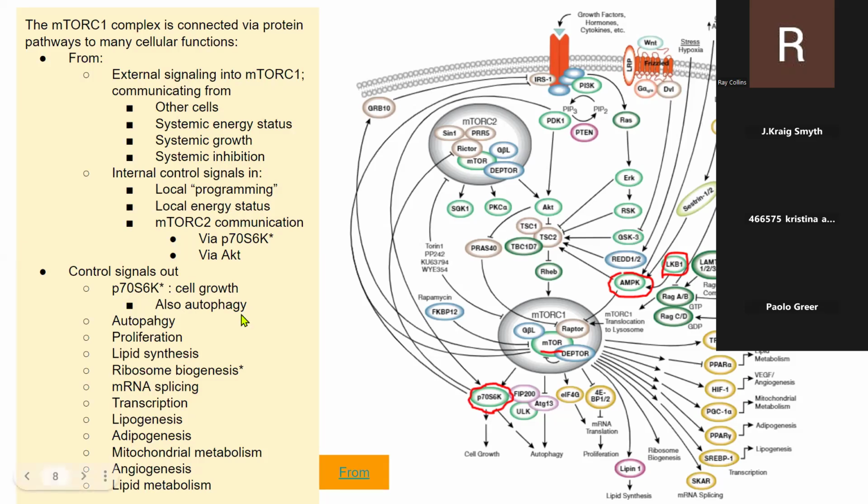And mTORC1 can also directly stimulate autophagy or cell suicide, and it is a key thing for proliferation, or duplicating the cell. It gets involved in fat or lipid synthesis and ribosome biogenesis, which is one of the things that this P70S6K does.